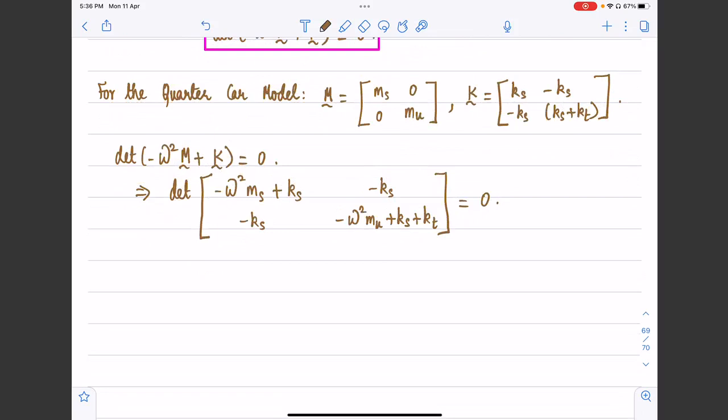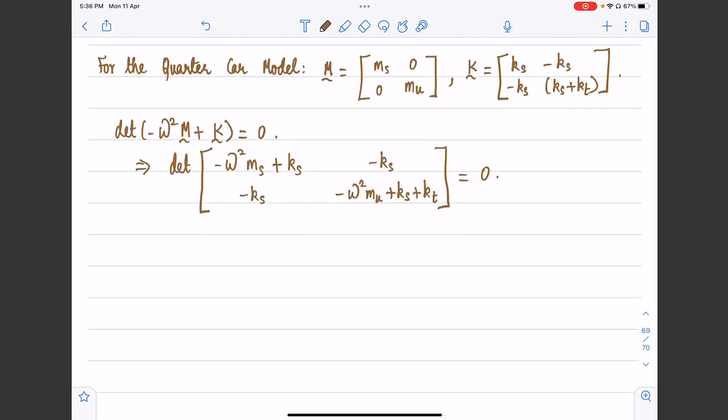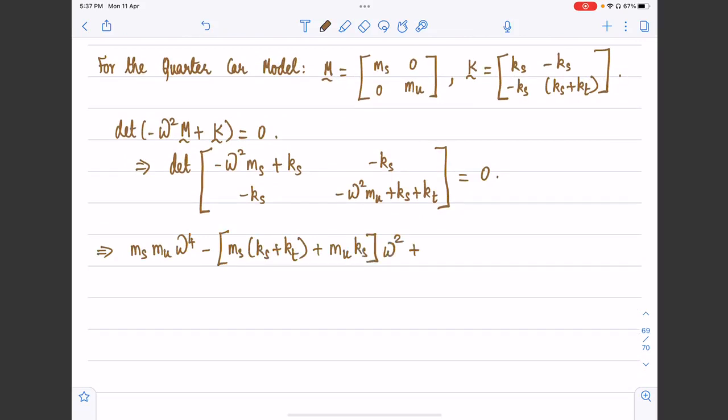All right, okay, so this is what we have, and this is going to give us ms mu omega power 4. We are just cross multiplying the terms, right? And then we'll have a coefficient for omega squared: ms times Ks plus Kt, plus mu times Ks, omega squared, plus Ks.